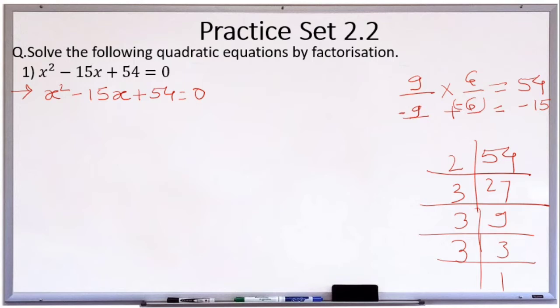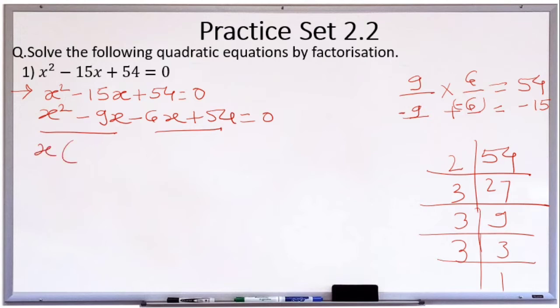Okay. So in the solution, x square minus 9x minus 6x plus 54 is equal to 0. We just split the middle term. Okay, the meaning is the same. Next we take out common terms.